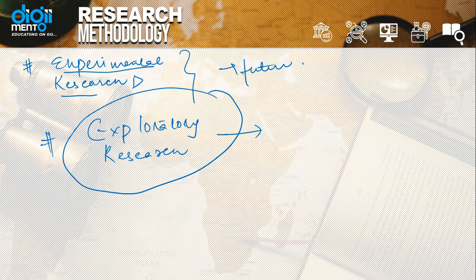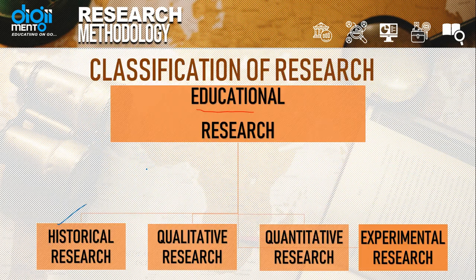That kind of research is exploratory research, and it aims at the development of hypotheses rather than testing. So this is exploratory research. Okay, so that's it about the types of research.